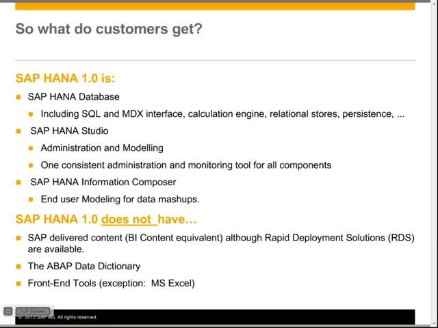There's an exception in that you can use Excel. It doesn't come with reporting tools such as BusinessObjects. Although they work very well together, when you buy HANA, it's not included in that license. So although there are some things it doesn't have, there's a wealth of things that it does include.